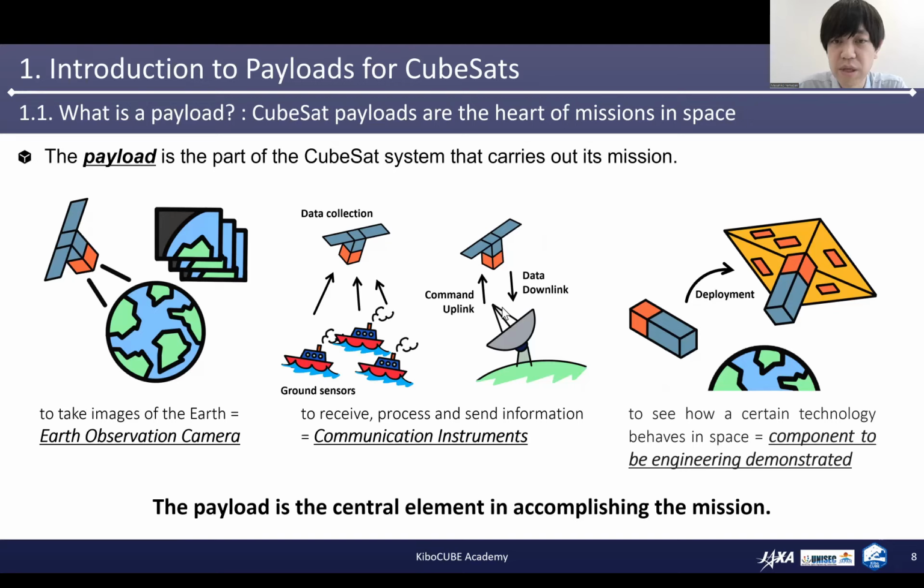If you want to see how a certain technology behaves in space, you need a component to be an engineering demonstration. These necessary components are the payload. So, the payload is a central element in accomplishing the mission.